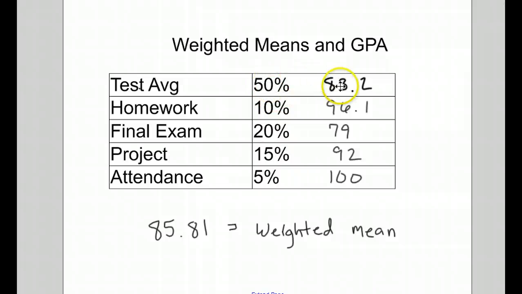You're taking this and multiplying by this, adding this times this, just like we did before. But in the end, what do these add up to? 50, 60, 80, 95, 100, 100%. You're dividing by 1. So after you've multiplied these things together and added, you're done, because dividing by 1 is going to give you the same thing. So a weighted mean is very much like the mean of a frequency distribution. It's just your weights add to 1 when you're doing it this way.